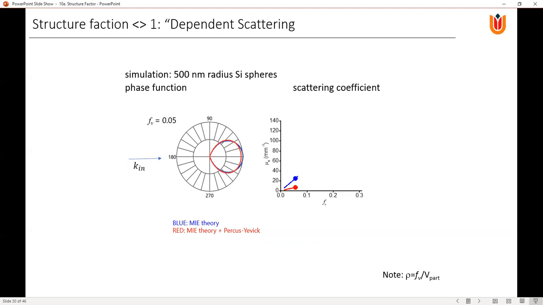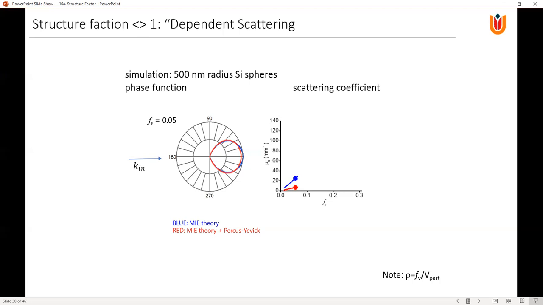For blue, that would be the Mie, where no interferences are taken into account. And already here, even for this low volume fraction, you see that taking the interferences into account leads to a lower value of scattering coefficient. So this is as a function of volume fraction. I'm going to increase that volume fraction as we go along.